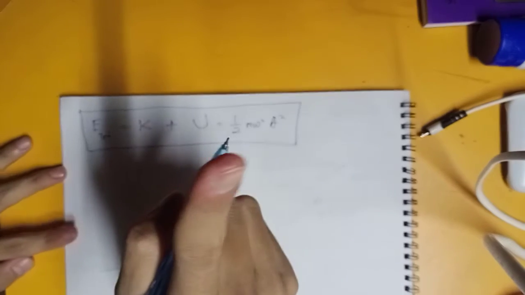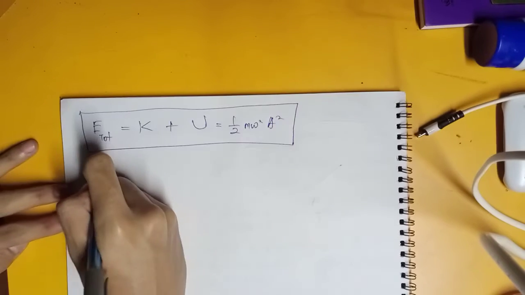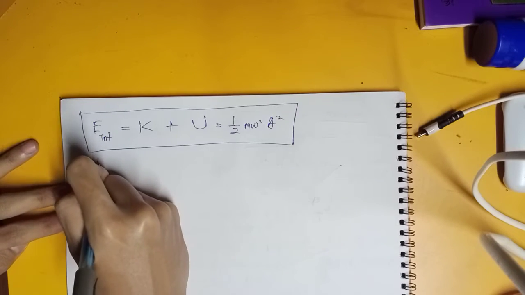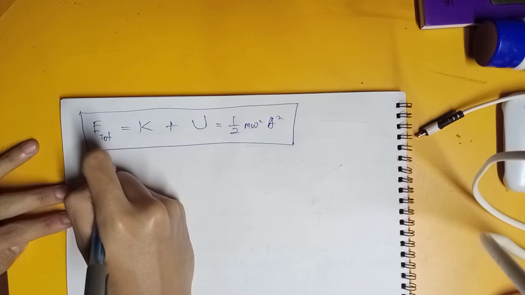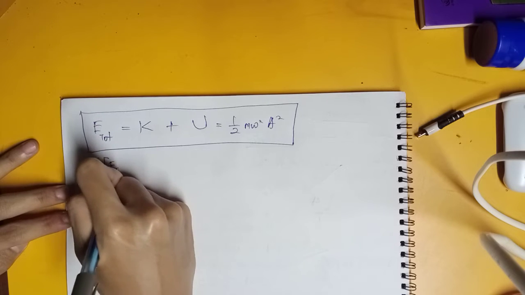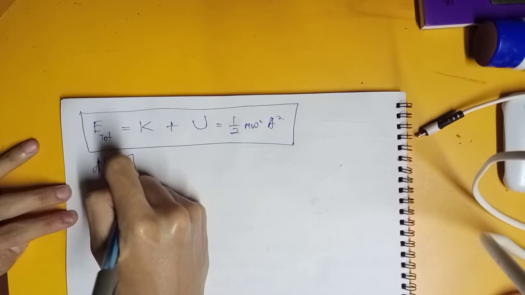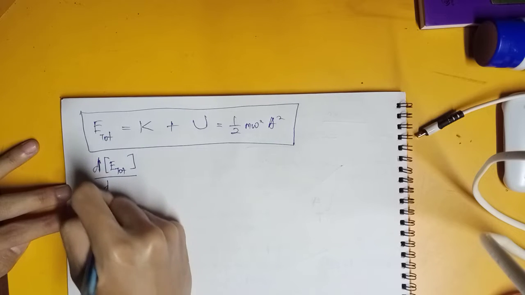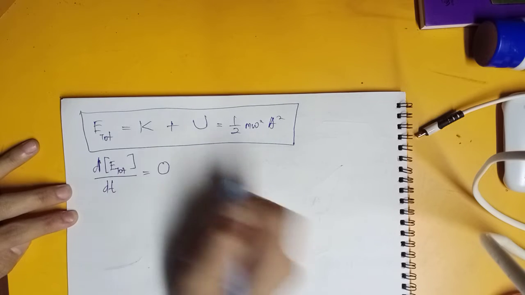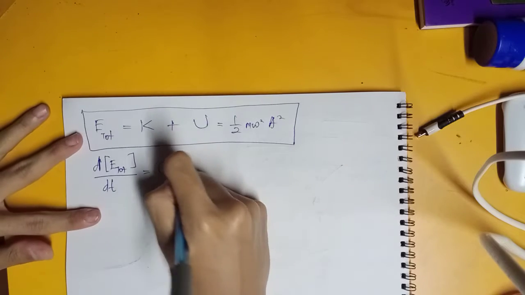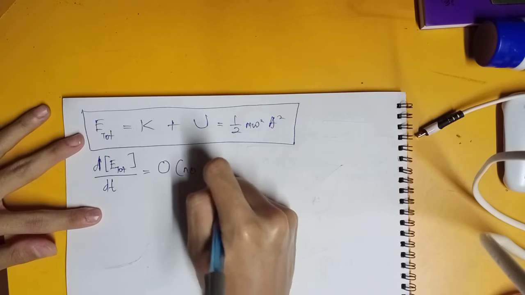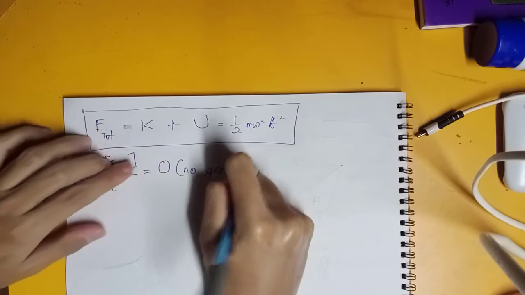So from the graph we know that the rate of change of total energy, which is dE/dt, is equal to 0 because there is no gradient on the graph. That's why it is equal to 0.